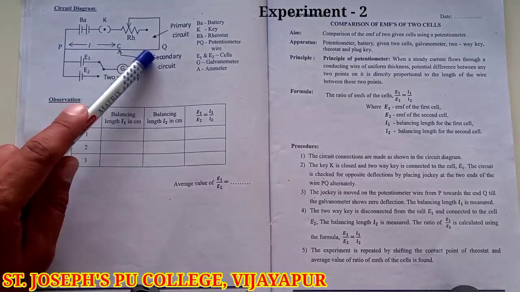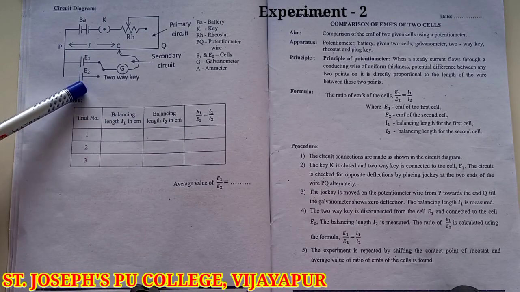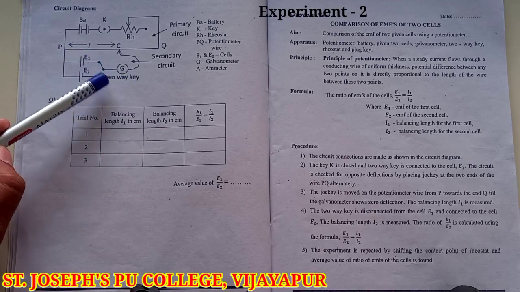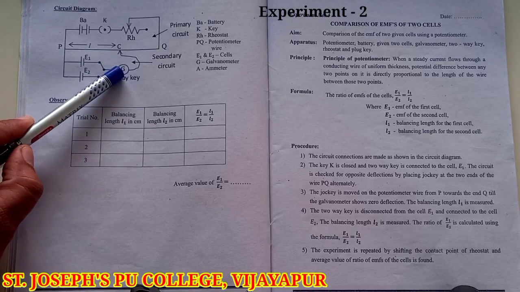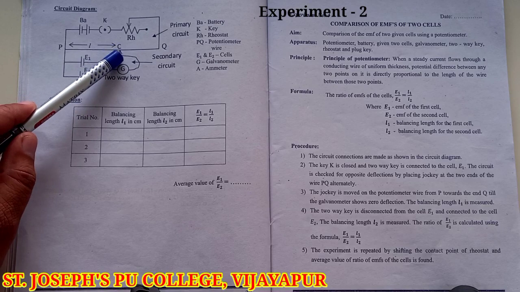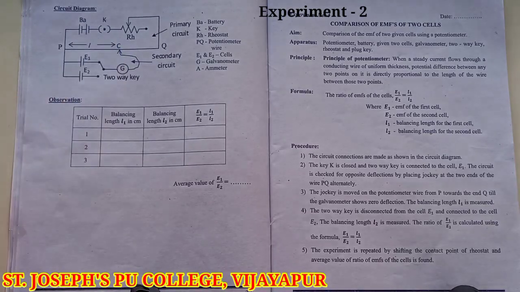PQ indicates the potentiometer wire, E1 indicates cell 1, and E2 indicates cell 2. These 3 points indicate the two-way key, G indicates the galvanometer, and here the point C is the slider.